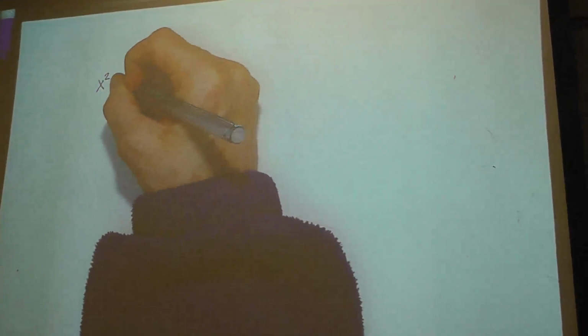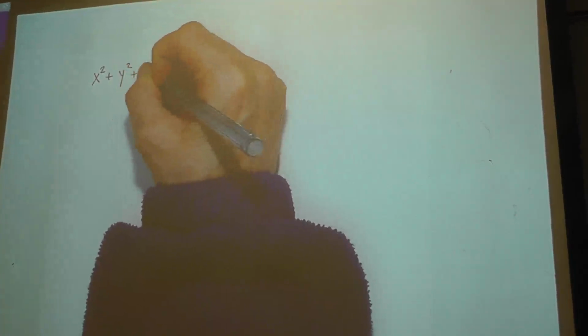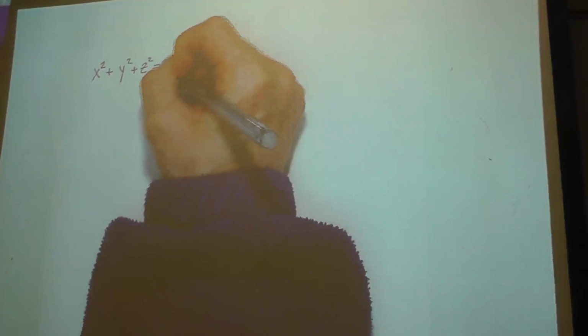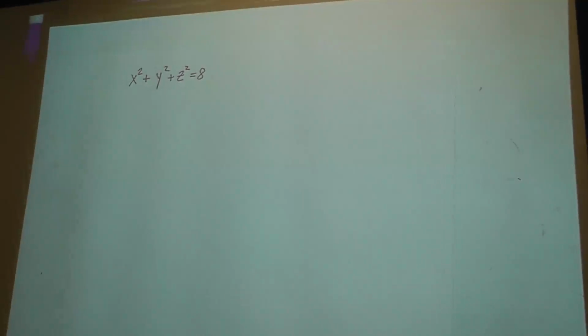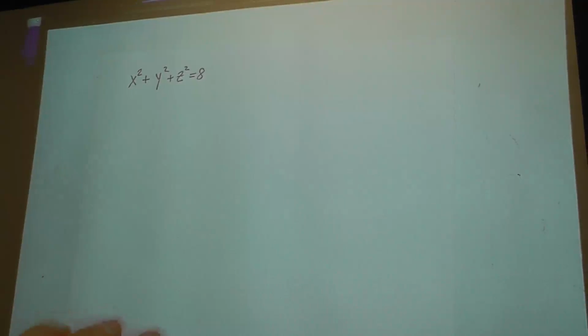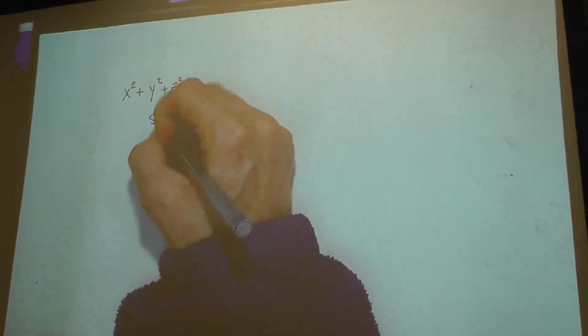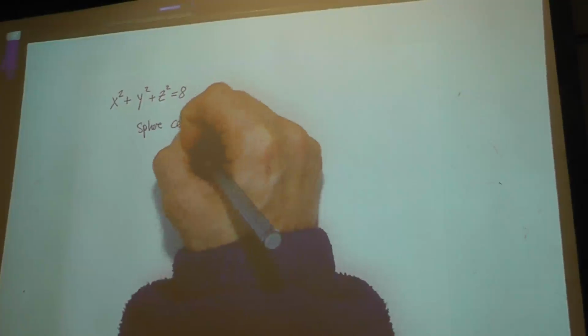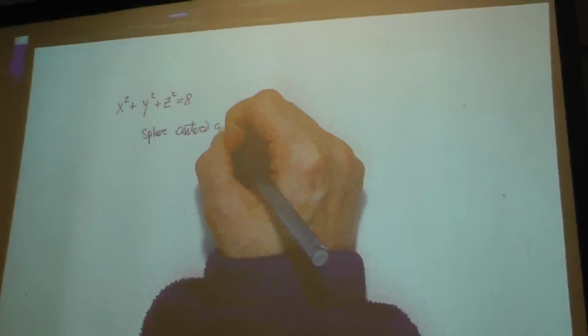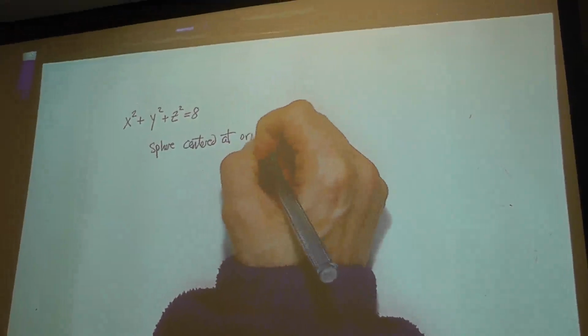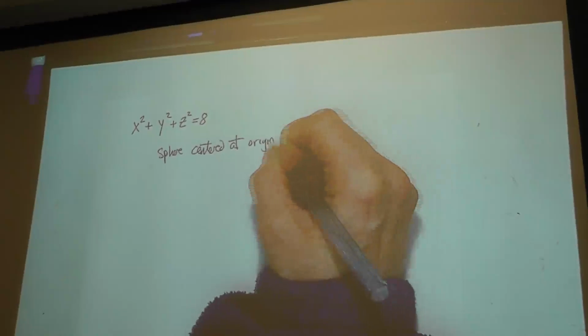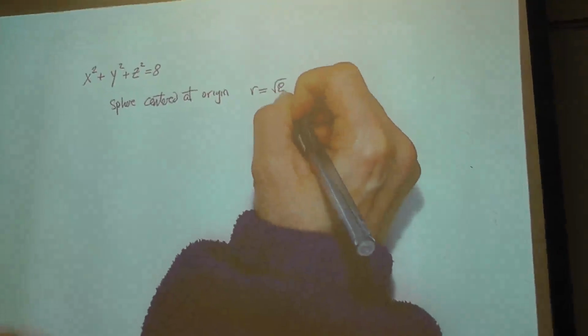x squared plus y squared plus z squared equals 8. What's this give you? A ball. Yeah, it's a sphere. Distance formula in 3 dimensions, and it's centered at the origin. Its radius here is square root of 8.